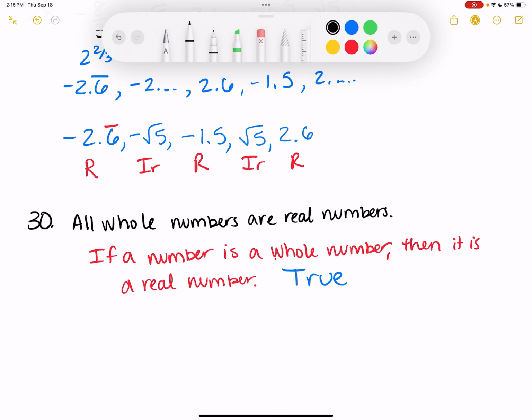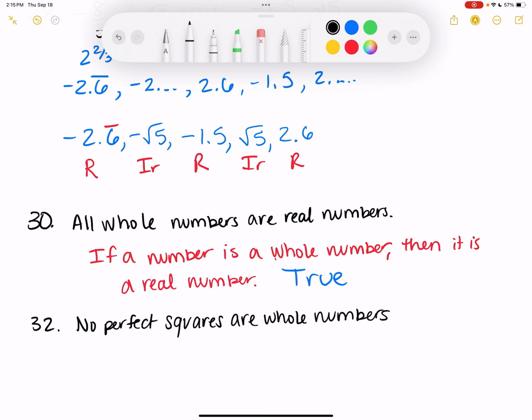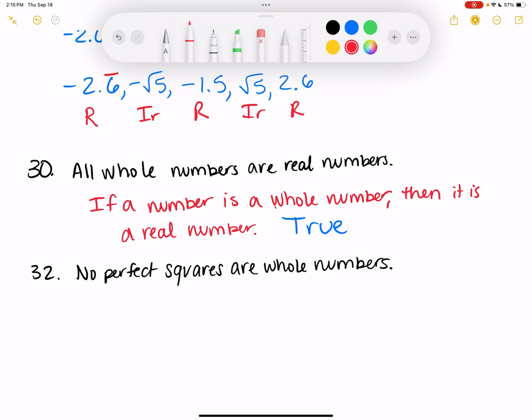Let's see, 32. No perfect squares are whole numbers. We have to write it as an if-then statement. We're not saying if that's true or false, we're saying if our if-then statement is true or false.